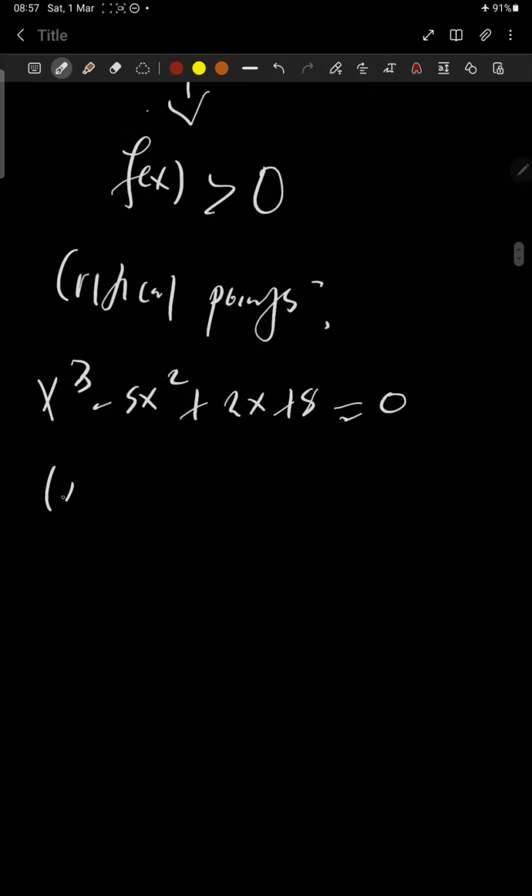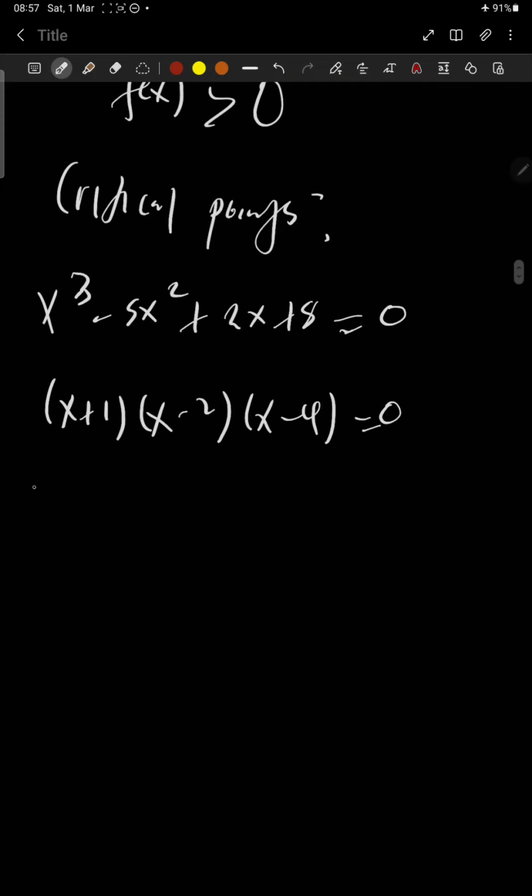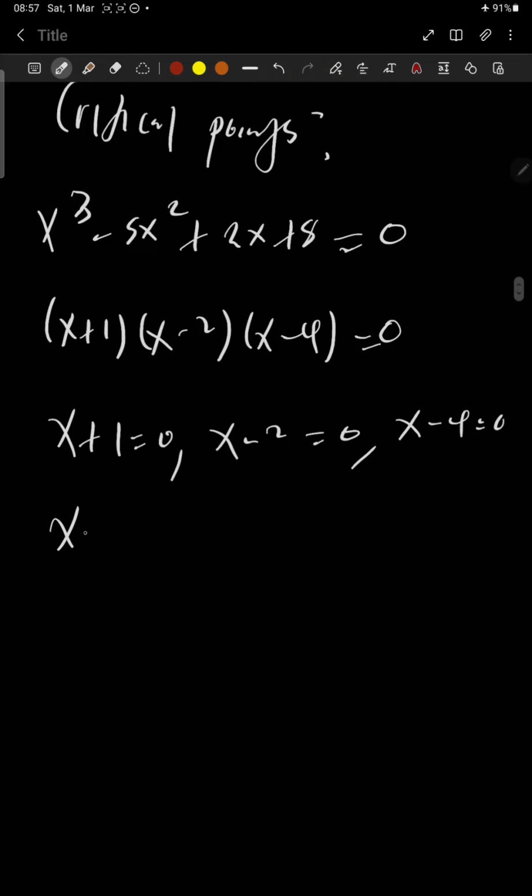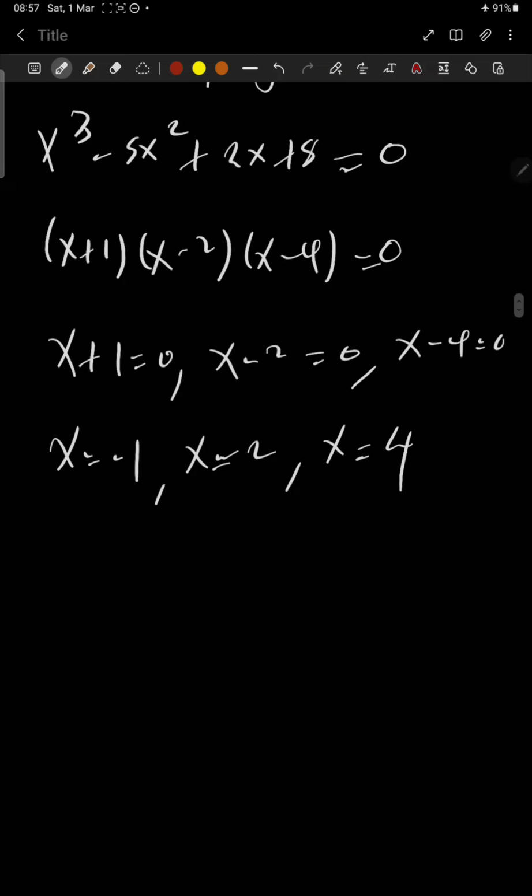It is x plus 1, x minus 2, and x minus 4 equal to 0. Then I'll solve for x: x plus 1 equals 0, x minus 2 equals 0, x minus 4 equals 0. So x is equal to negative 1, x is equal to 2, and x is equal to 4. These are your critical points.